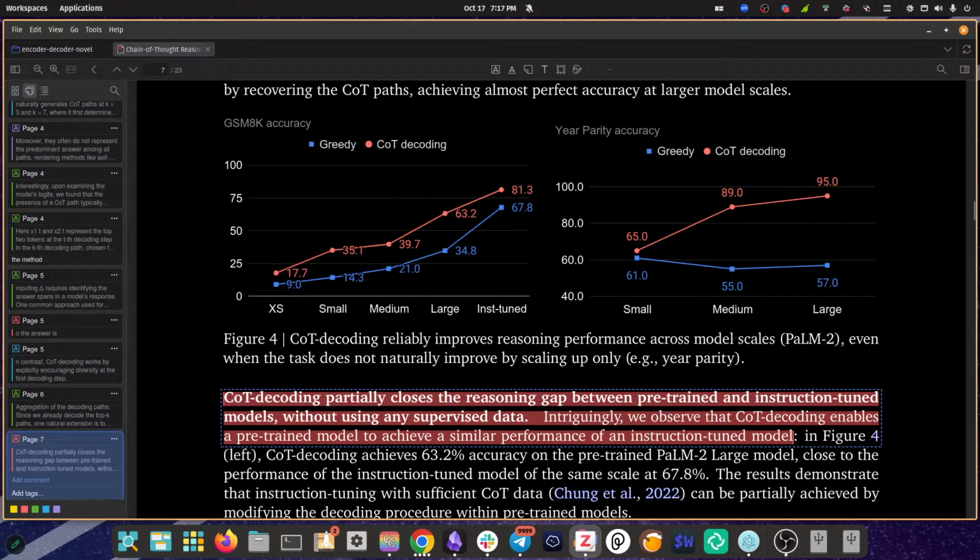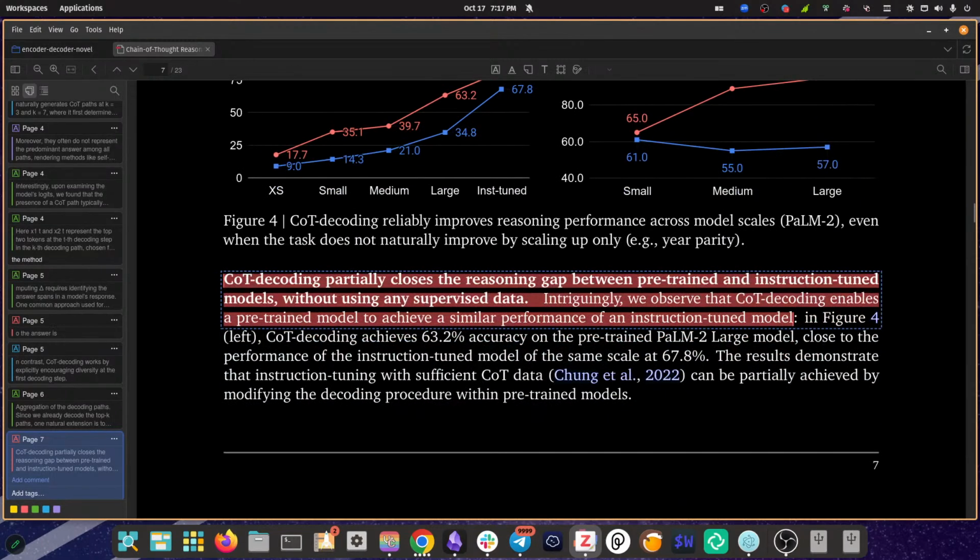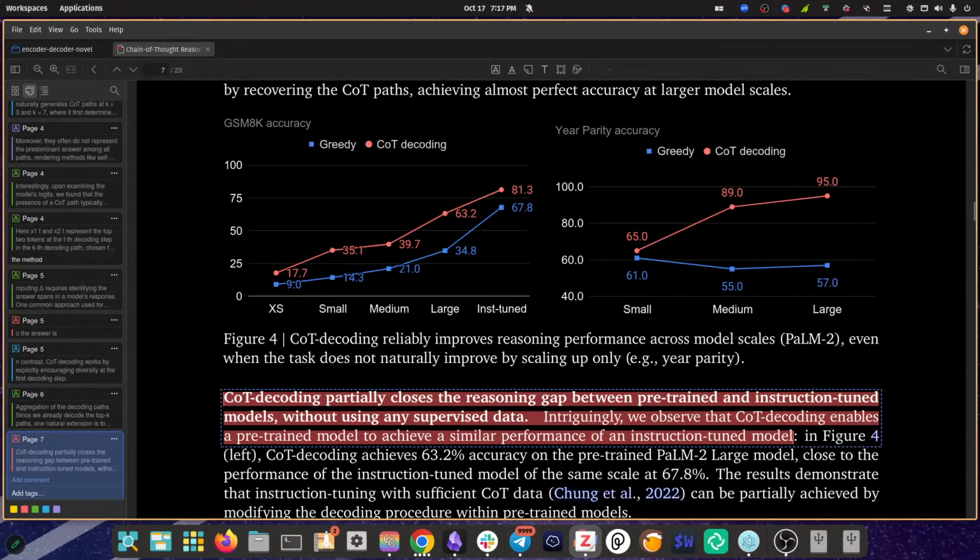What would be really interesting is, see, this is all inference time. Once the model is out there, PaLM 2 has a base, like the extra small is 9, whatever that measure is, right? The extra small on the same figure, 9 and 17.7, right? So if we have some open source model, let's say a 3 billion Llama or Ministral, any of those which claim pretty good performance, and I don't know where the GSM8K outcomes are, one could potentially keep trying CoT decoding.